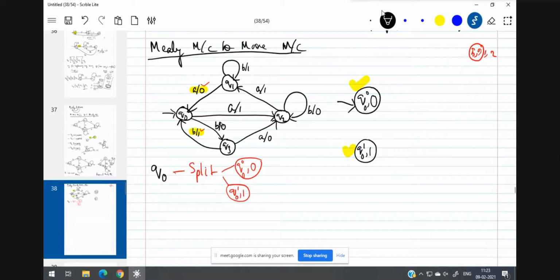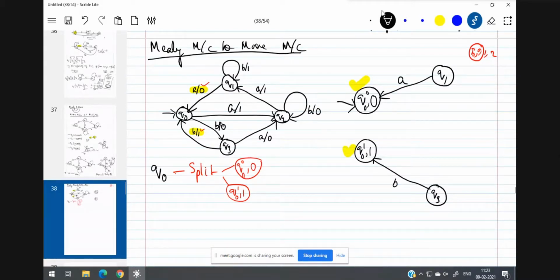Now see here, this is Q1. From Q1 there is one incoming arc towards Q0, for the input symbol A. And from Q3 there will be one incoming arc with B as the input.